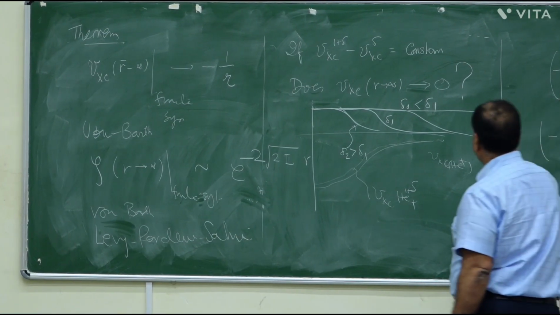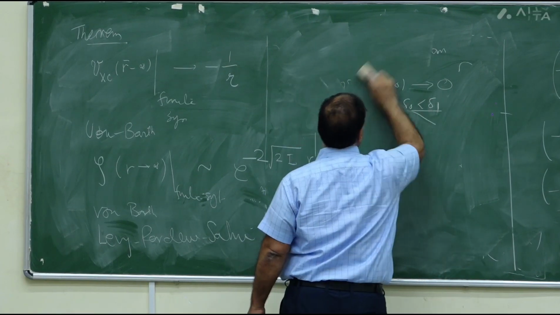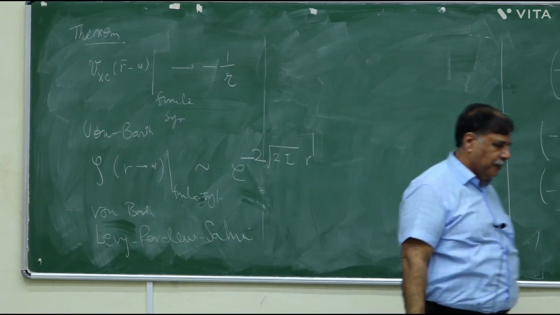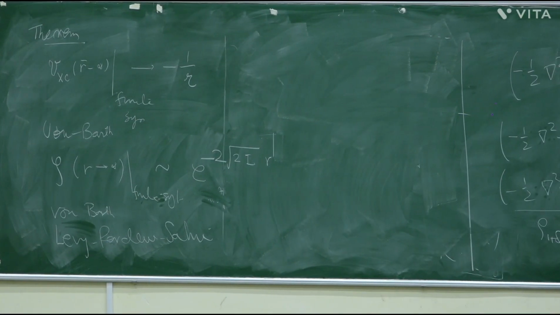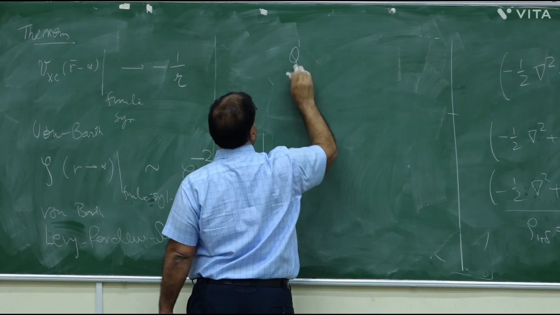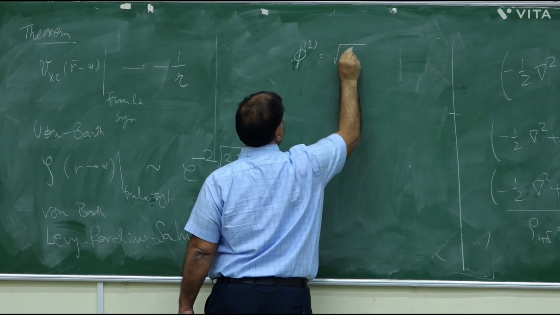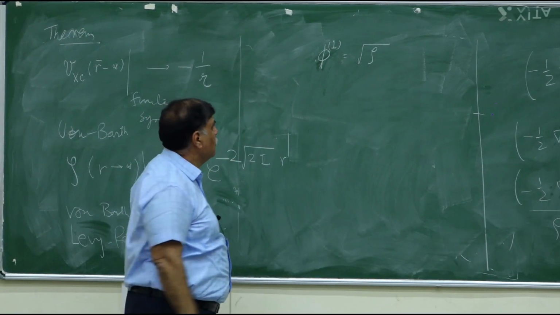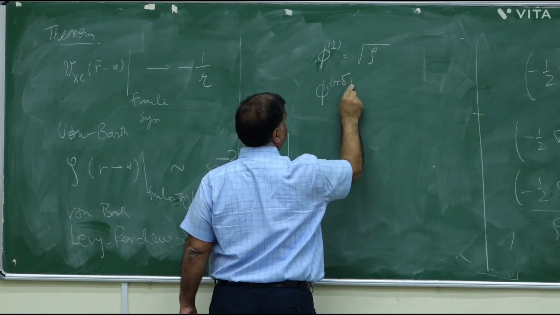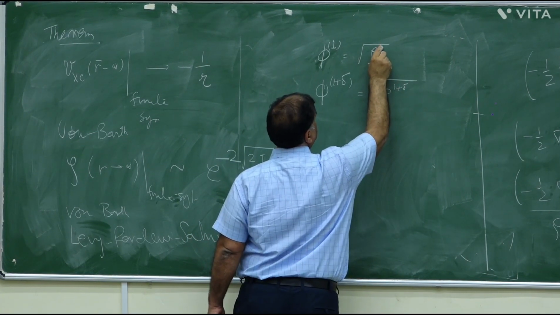So let's go back to helium. It's a one orbital system, so I'm talking about phi for one particle, which is root rho, and phi for 1 plus delta particle, which will be root of rho of 1 plus delta.